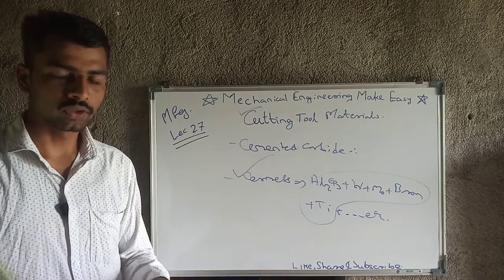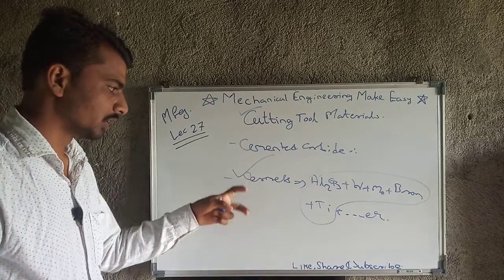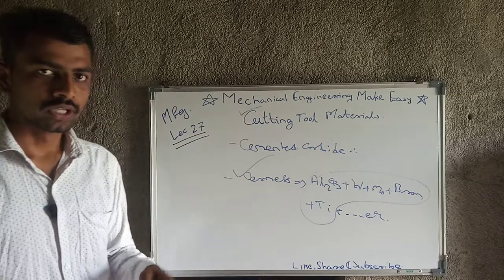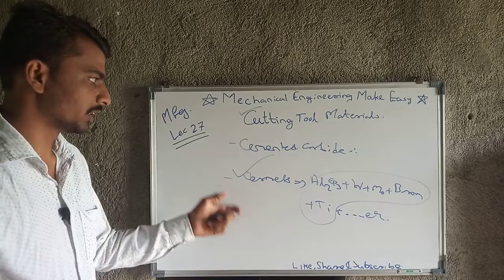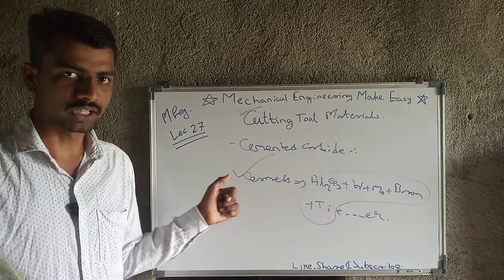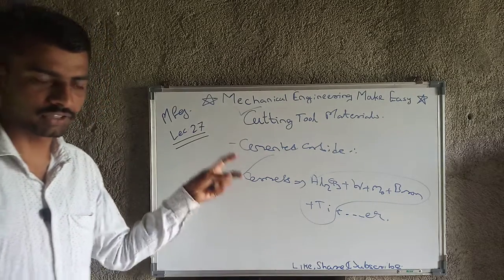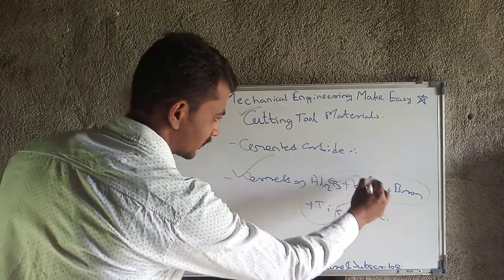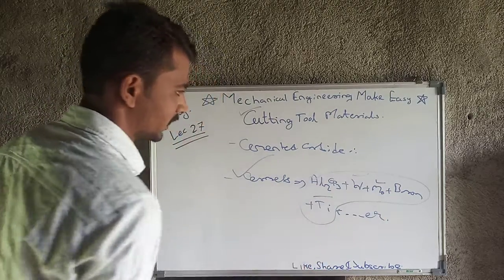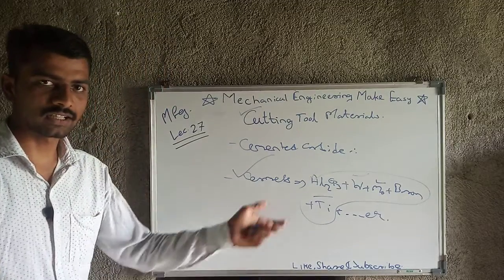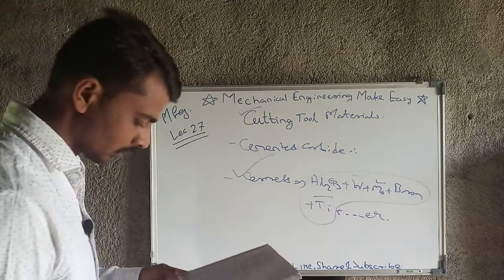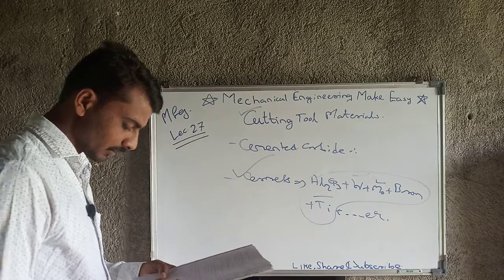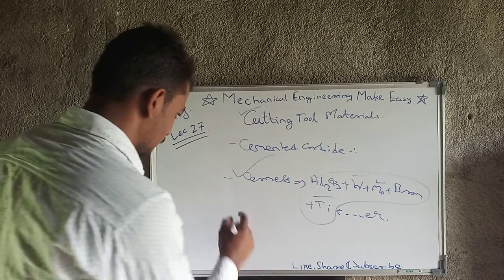That's why we have to take into consideration the cost and the desired properties in the selection of cutting tool material. Tungsten, molybdenum and titanium are costly materials. Then next is diamond.